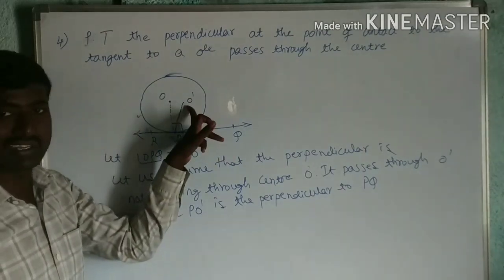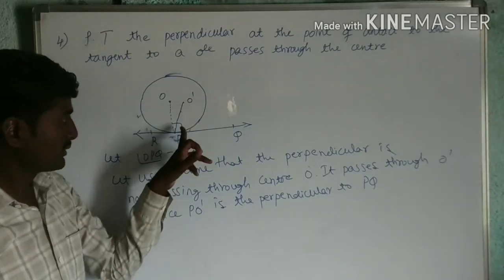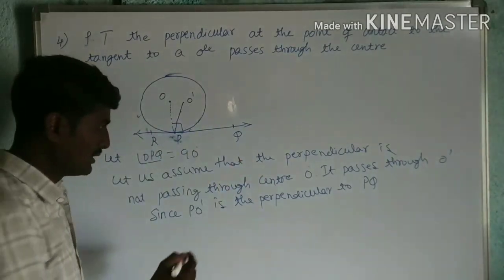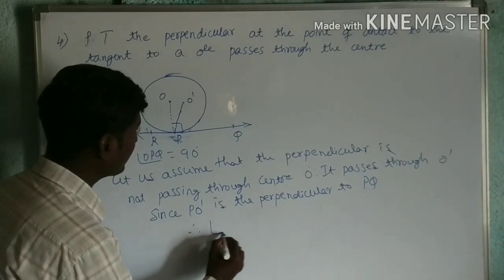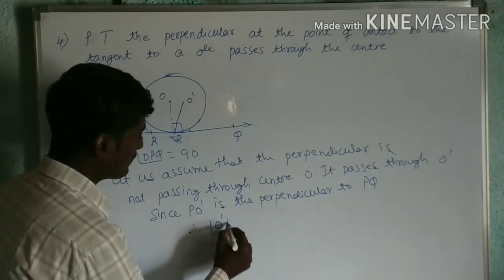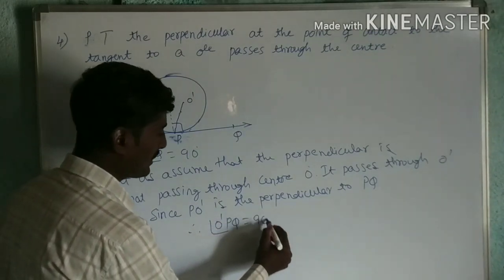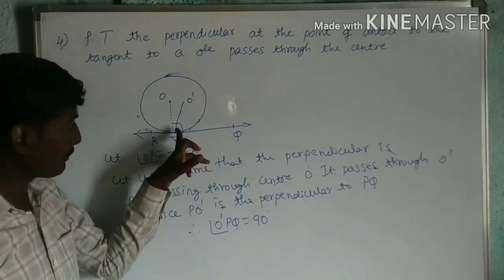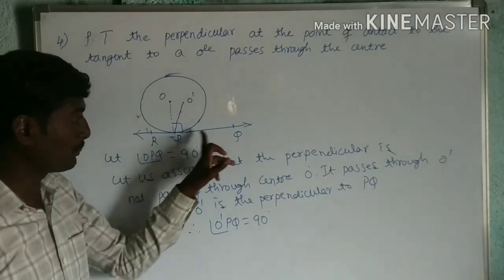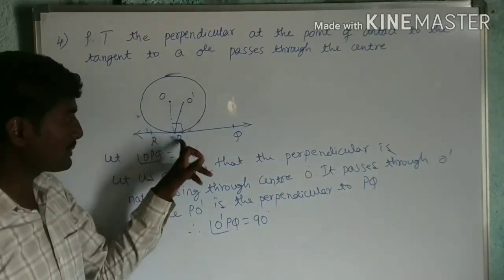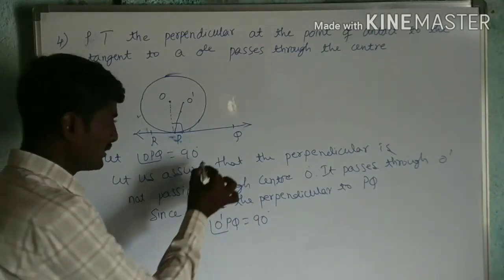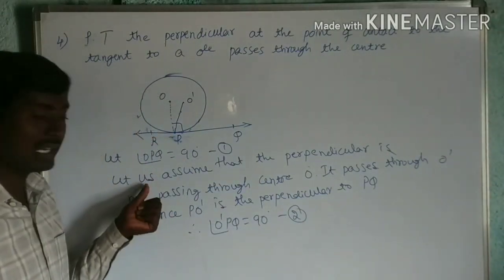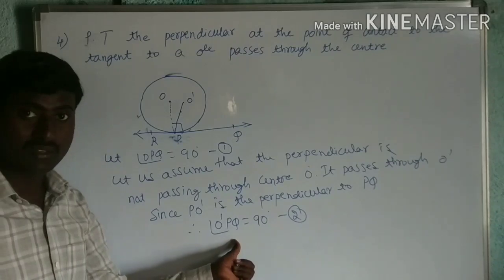I assumed another point other than center, O dash. So PO dash is a perpendicular. It is perpendicular to what? PQ. So therefore I can write it as O dash PQ is also equal to how much? 90 degree. By the concept of PO dash is the perpendicular to PQ, I can say that O dash PQ is also 90 degree. So this is already we know, and this here we got by assumption only.